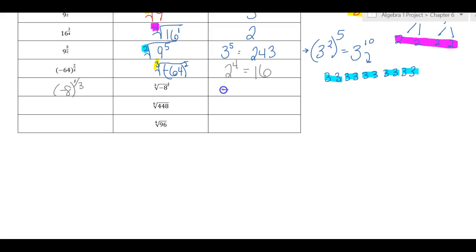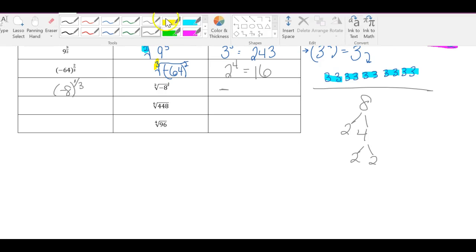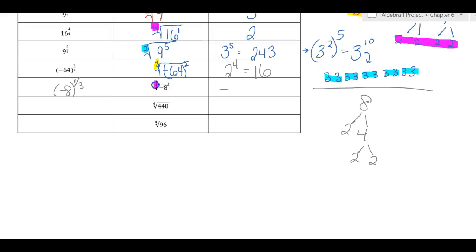So I know I'm going to have a negative. So I'm just going to break down 8 instead of breaking down negative 8. So it's 2 times 4, which is 2 times 2. For this one, in order to take them out, I have to have 3 of them. And look, I have 3 2's. So that means I could take out 1 2, and it's negative 2 because this was negative, so I have to take out the negative.